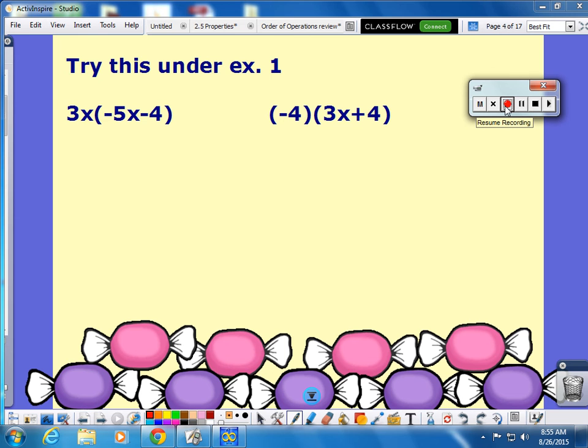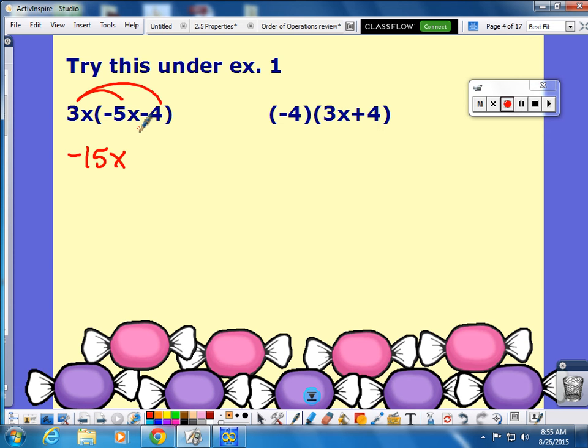Alright, the first problem here. The first problem would be, what's the answer? 3x times negative 5x would be negative 15x. What's x times x? 2x.